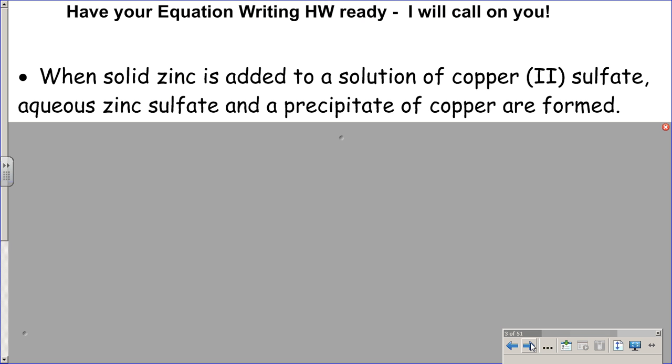All right, so this right here, your equation writing, you're going to tell me what the reactants are, what the products are, okay? So have your stuff in front of you. When solid zinc is added to a solution of copper 2 sulfate, aqueous zinc sulfate and precipitate of copper are formed. Josh, tell me the reactants. Give me and spell it out for him. Zn, solid, plus, keep going.